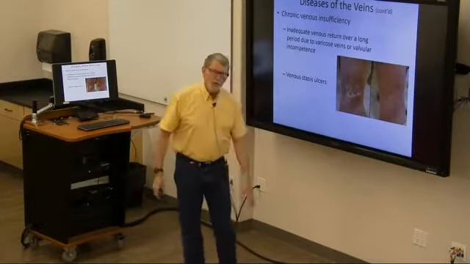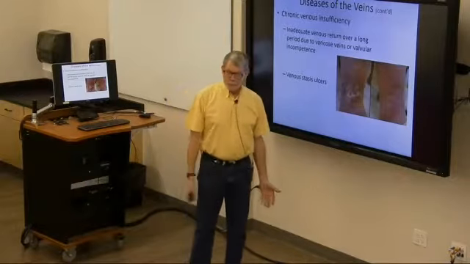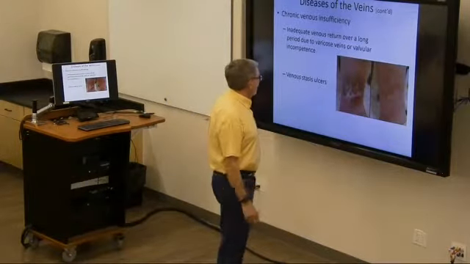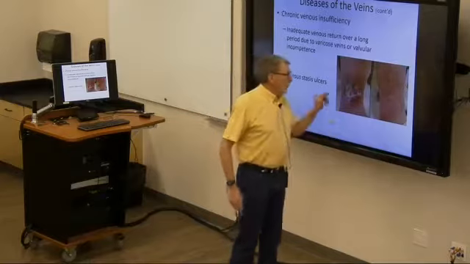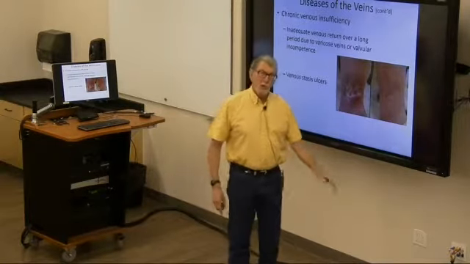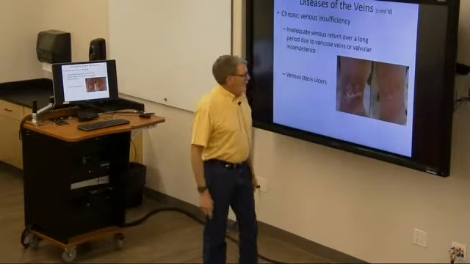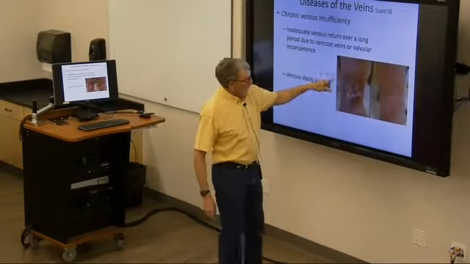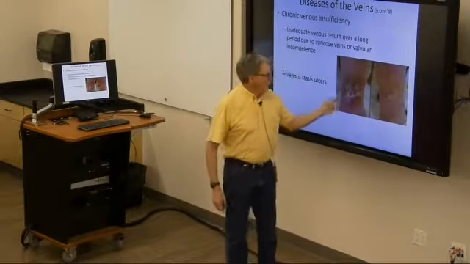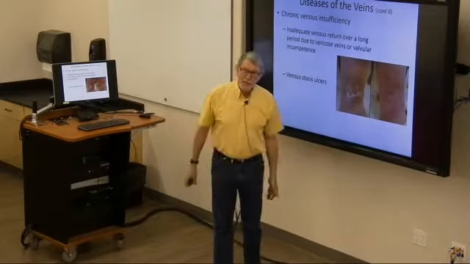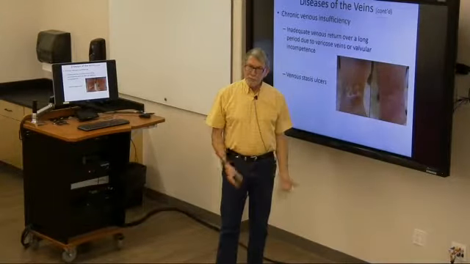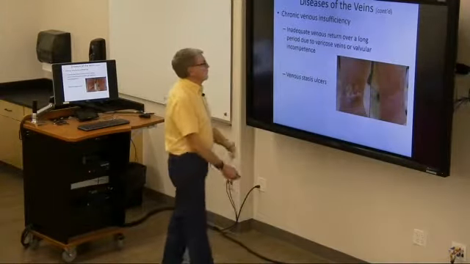You start getting tissues that are not getting perfused properly. Venous stasis will block off blood flow through clotting and therefore cause ulcer damage. You can get venous stasis ulcers in diabetes because you have poor blood flow in the legs in diabetes.